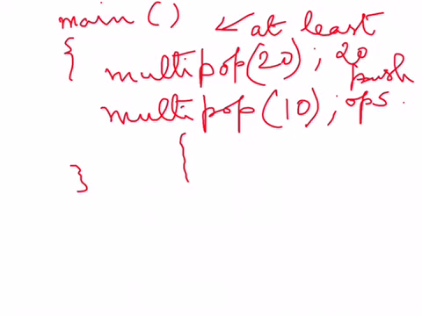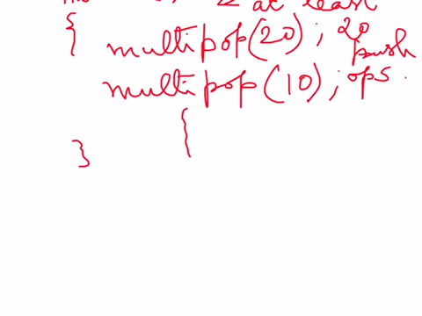So you can see why it is important to look at the context of a particular operation, because if we look at multipop in isolation, it looks like an order n operation. But if we look at why or how a multipop can be executed, then it doesn't look so bad. Why is that? Because let us say 20 push operations.